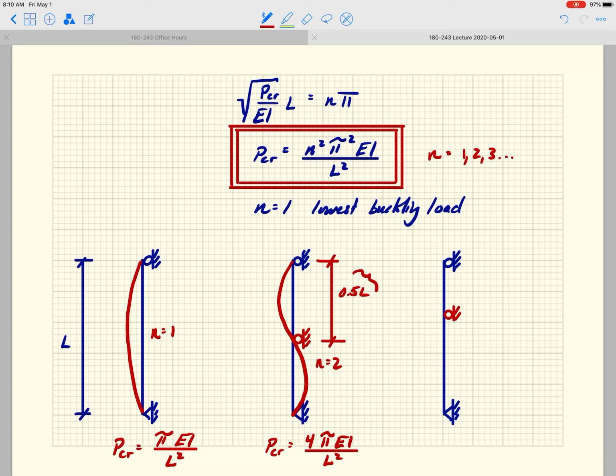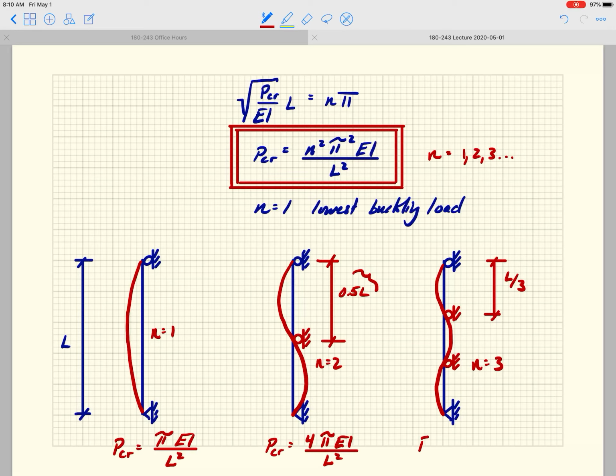In this case, let's put a couple more supports, and now the buckling shape is going to look something like that. Now the length over which the half sine wave occurs is just L over 3, like that, and we see that n equals 3.